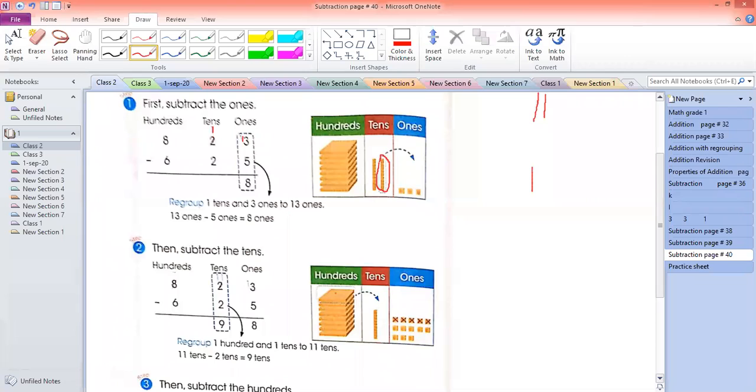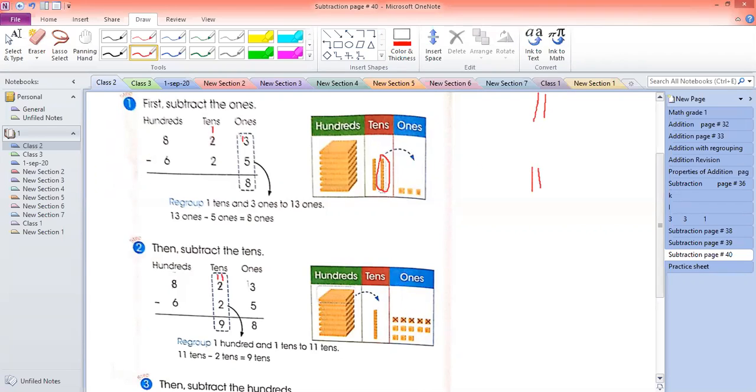This is the 100 I am regrouping with the tens. So there was 1 tens, now there are 11 tens.